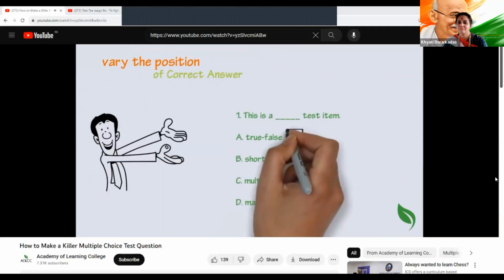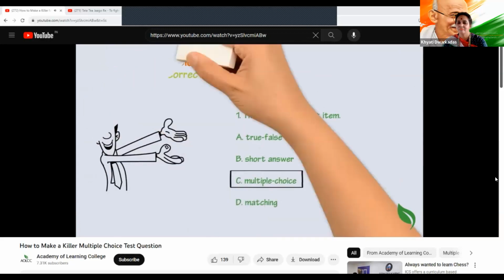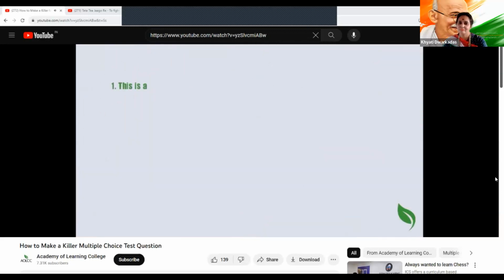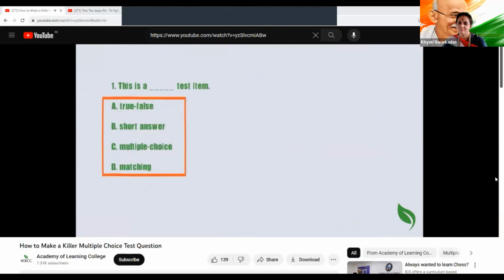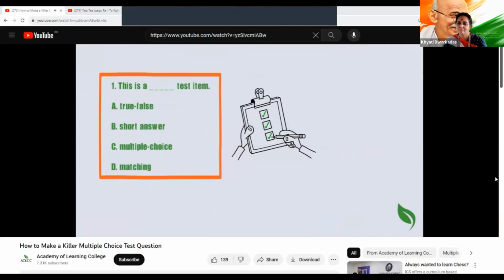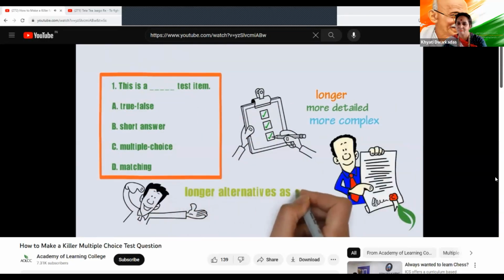The easiest way to do this is to shuffle around the alternatives for each question after you've created the entire test. Number 5. Keep the alternatives a consistent length and format within the same test item. Generally, we have a tendency to make the correct answer longer, more detailed, and more complex than the other alternatives. Test takers pick up on this and tend to select those longer alternatives as a result.